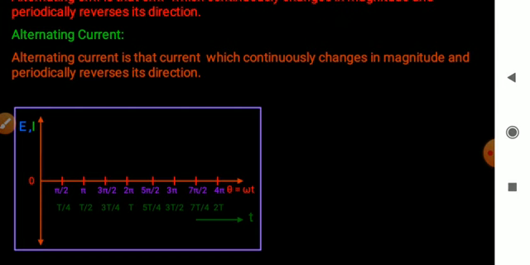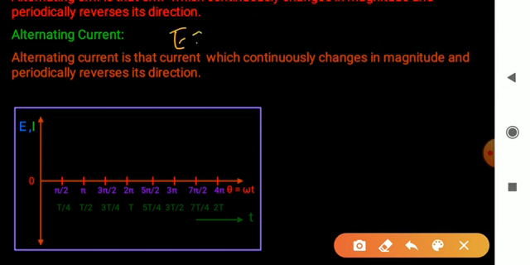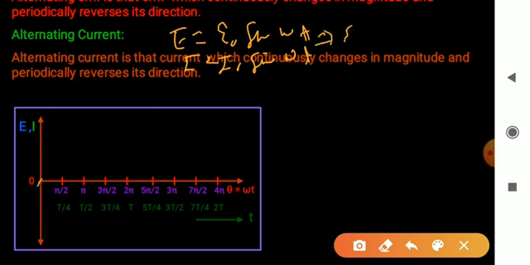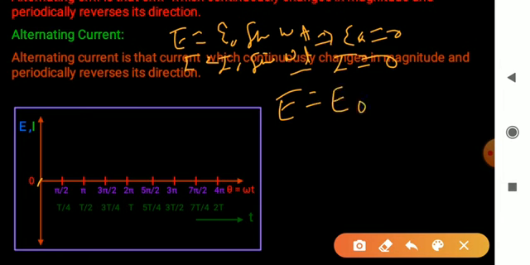So let's draw the graphical representation of E and I as a sine function of time t. We have E equal to E naught sin omega t, and I equal to I naught sin omega t. If we put omega t is 0, E equal to 0 and I equal to 0. If we put omega t is pi by 2, E equal to E naught, since sin pi by 2 is 1, and I equal to I naught.